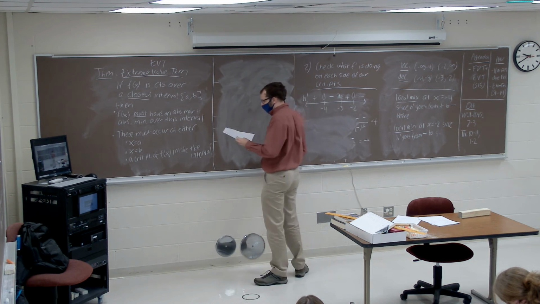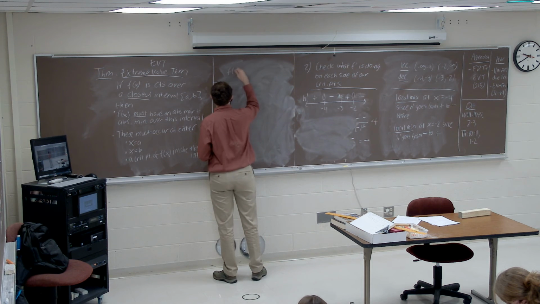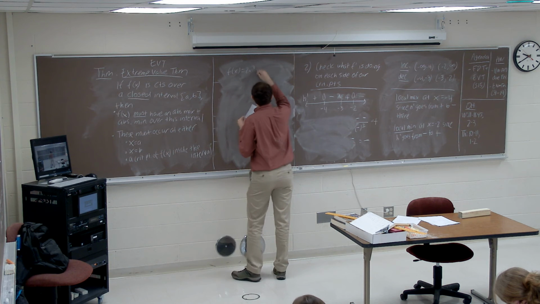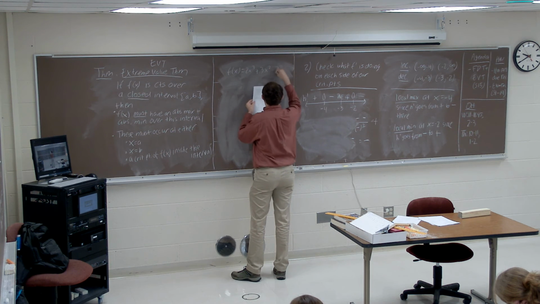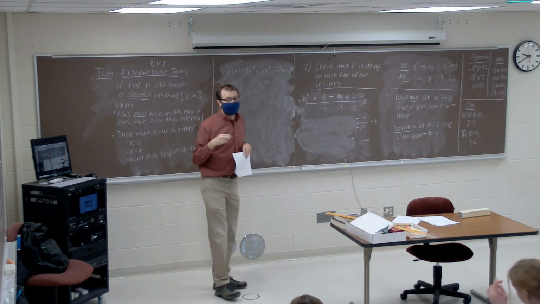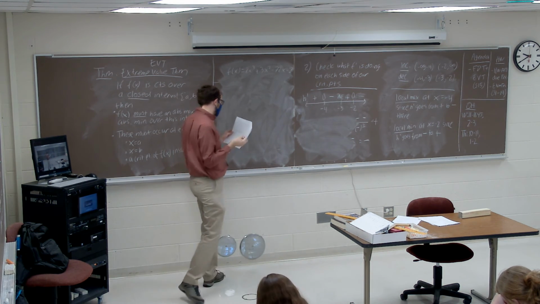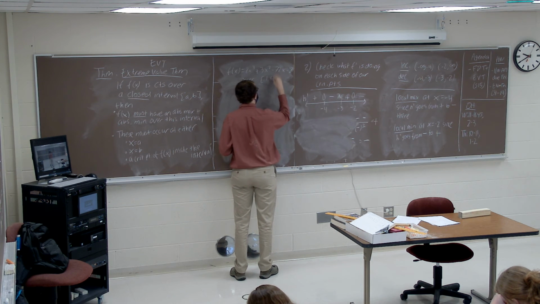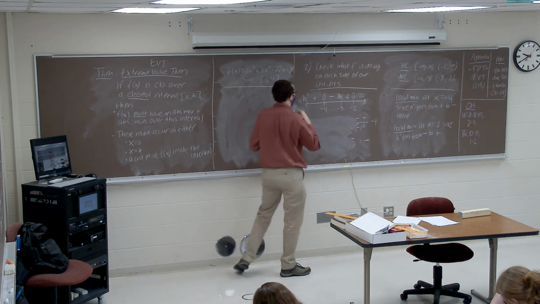So I'm going to look at the function f of x equals 2x cubed plus 3x squared minus 72x minus 8. And I want to find where this has an absolute max and absolute min over the closed interval from x equals 1 to x equals 4.